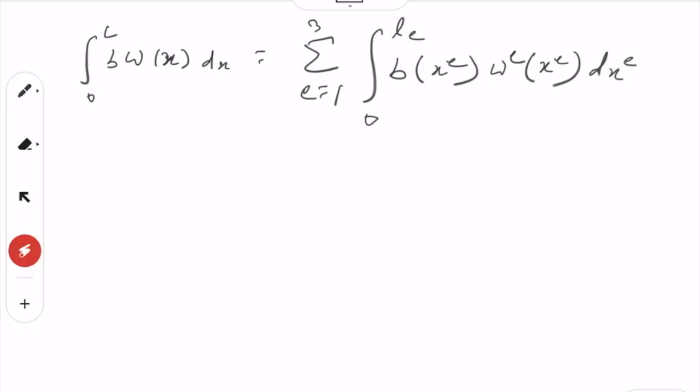So, the complete domain 0 to L we have divided into 3 of them, right. So, this will be L1, L2, L3, you add them together becomes L basically. So, this is how we can write.